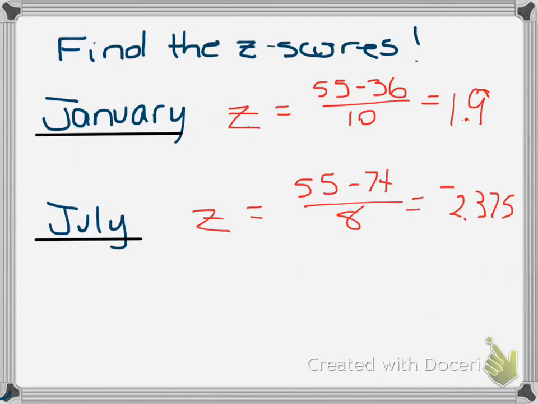So January's temperature of 55 degrees was 1.9 standard deviations above the mean, and the July temperature of 55 degrees was 2.375 standard deviations below the mean. And so it seems that it's more unusual to have that 55-degree temperature in July.